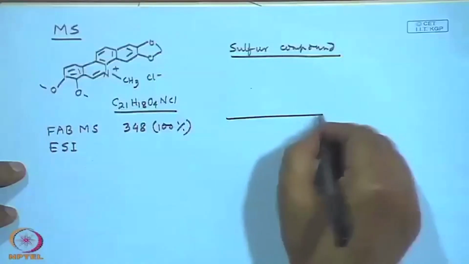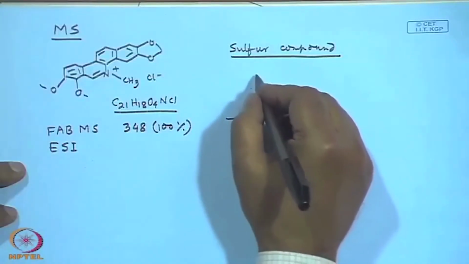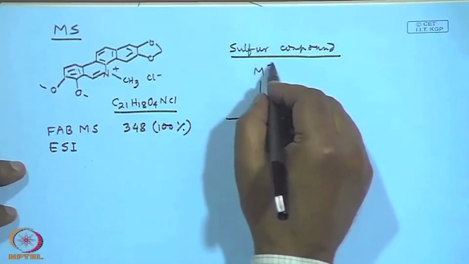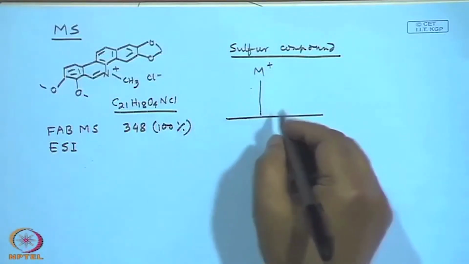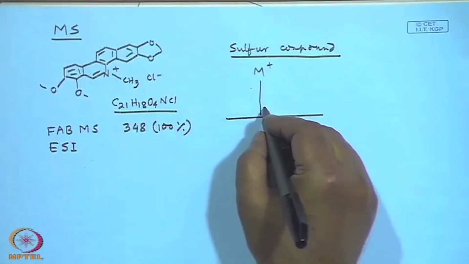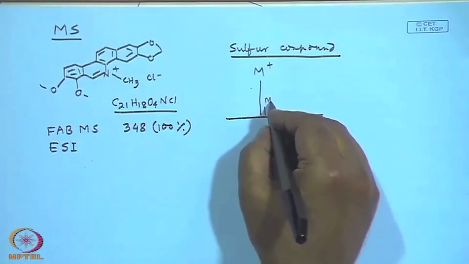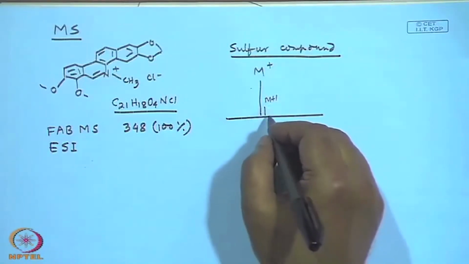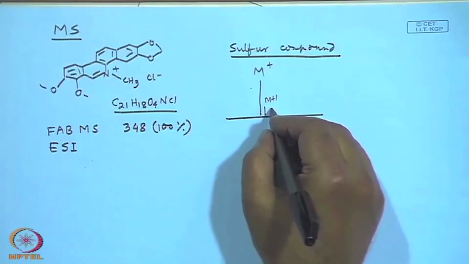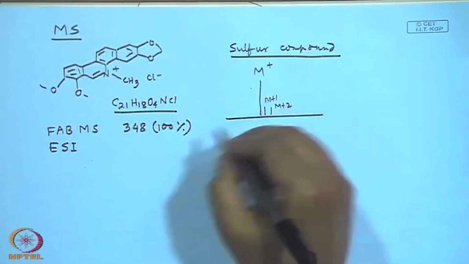But other than that, for us as organic chemists, the most useful is mass. If you have a record here, mass here, let us say this is M, a peak for the molecular ion peak M plus. Then immediately after, you see M plus 1, and then the next you see M plus 2.